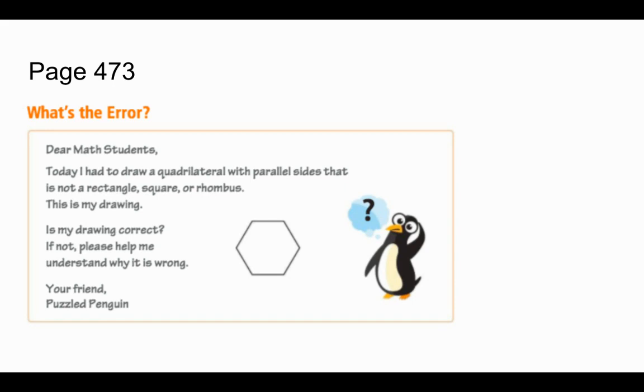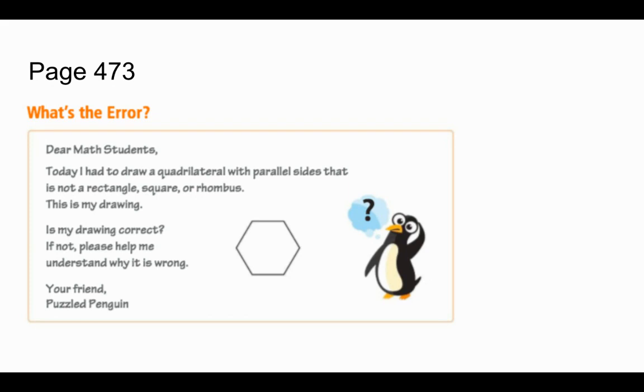If not, please help me understand why it is wrong. Your friend, Puzzle Penguin. Well, third graders, Puzzle Penguin had to draw a quadrilateral with parallel sides. This figure has parallel sides. In fact, it has 1 pair, 2 pairs, 3 pairs of parallel sides. It's not a rectangle, square, or rhombus. So, what's wrong, Puzzle Penguin?